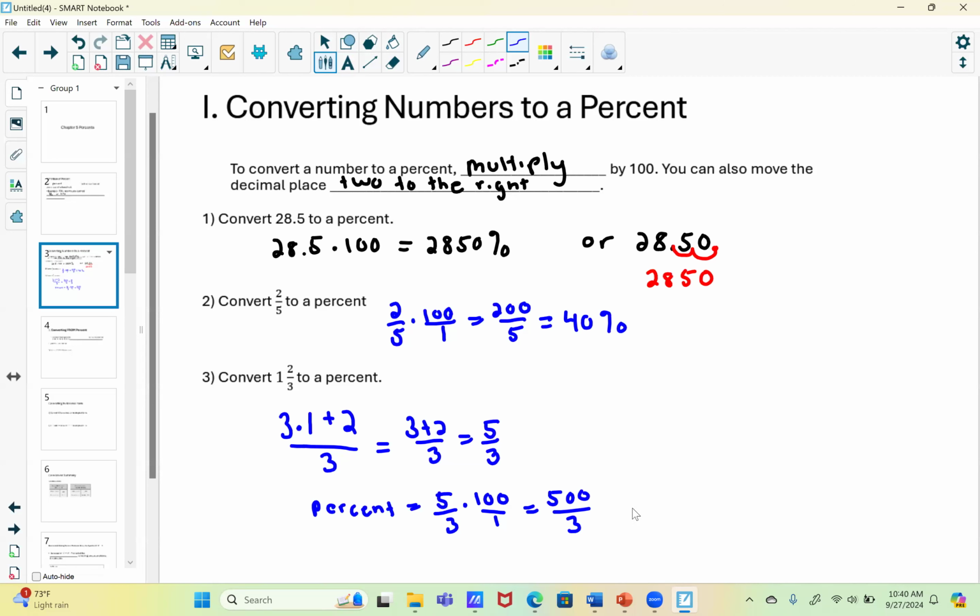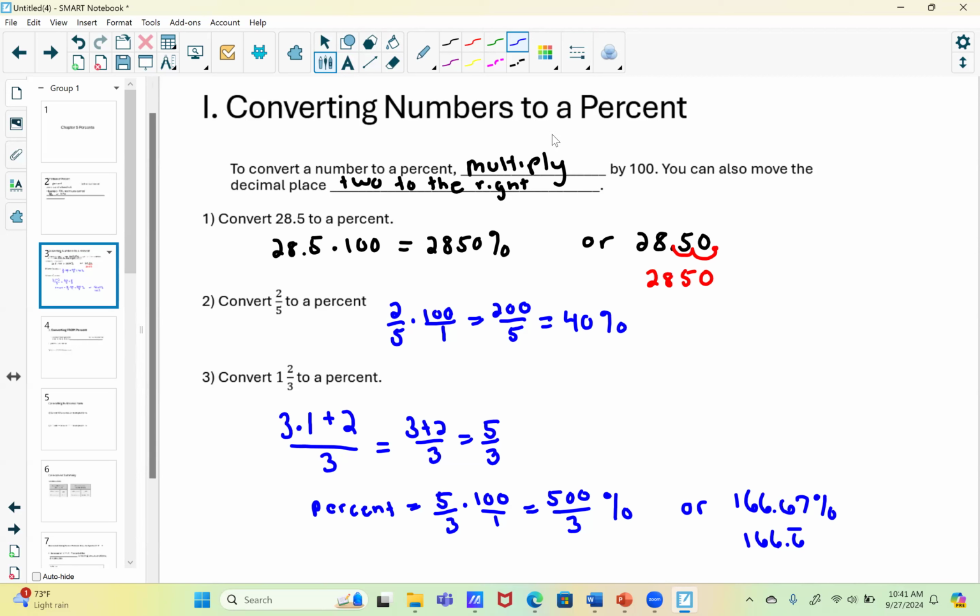So you can either leave it like this and put the percent symbol, or if they say to put it in decimal form, you actually divide it and you get 166.67%. It's 6 repeating, so you could also write 166.6 with the line. But I think all the homework questions ask you for 2 decimal places. So just get in the habit of doing 2 decimal places.